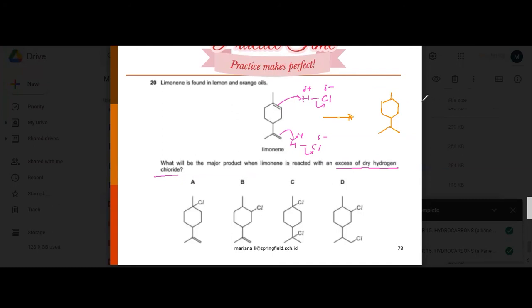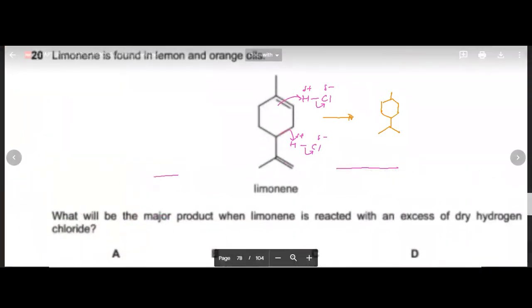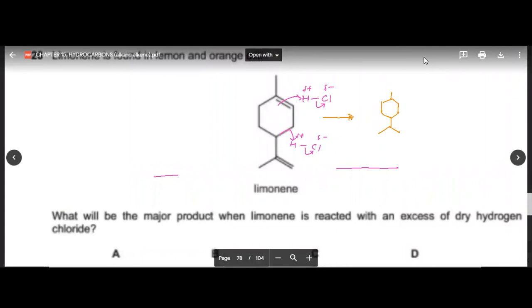The Markovnikov rule states that hydrogen from HX will go to the C that has more H. Let me zoom this for you first. With the carbon that has more H.